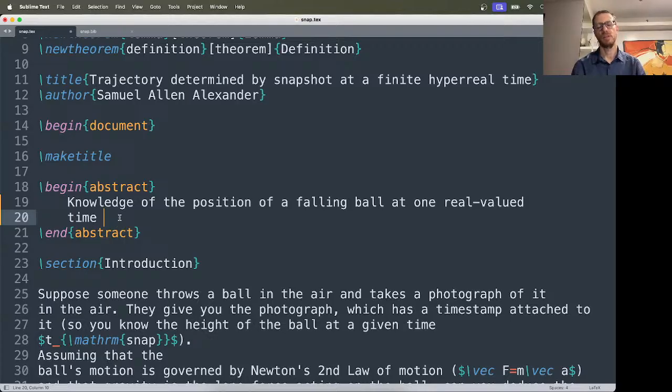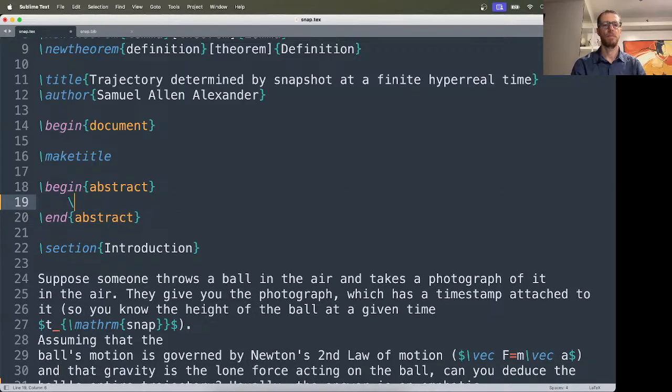I mean, the reader immediately gets confused because, you know, there's sort of this latent background assumption that everything in physics is real valued.